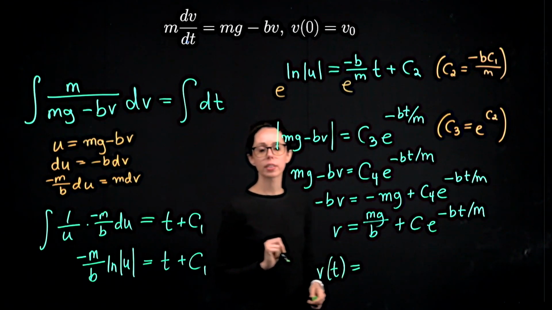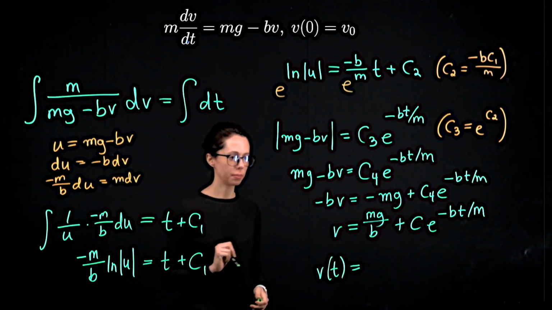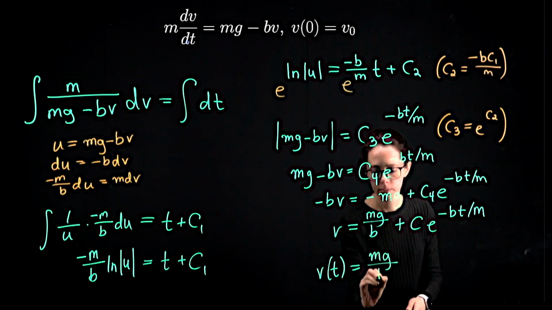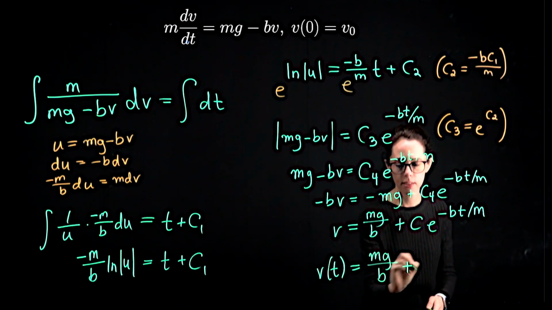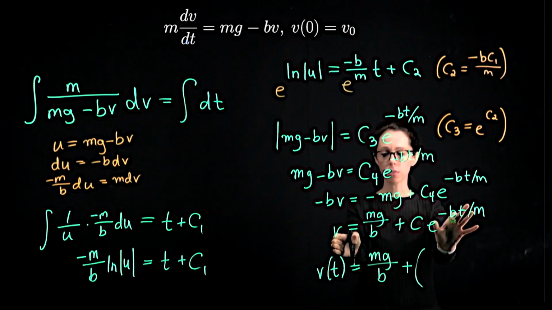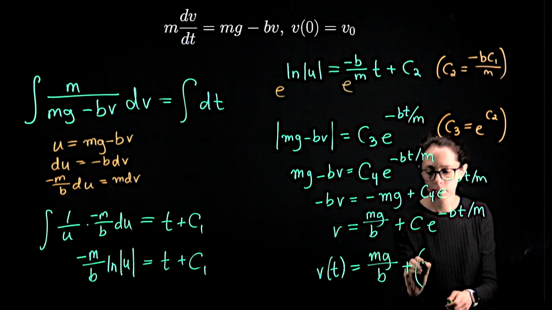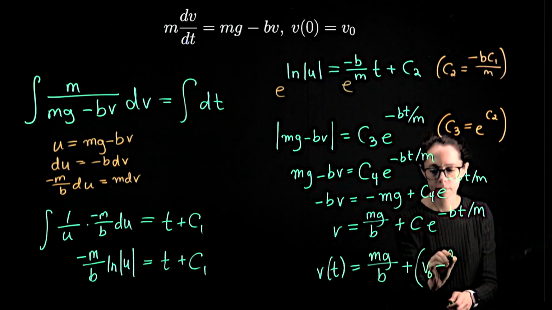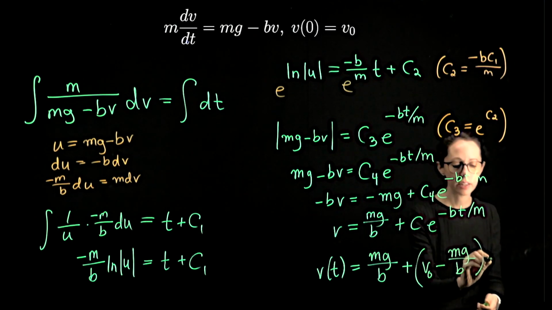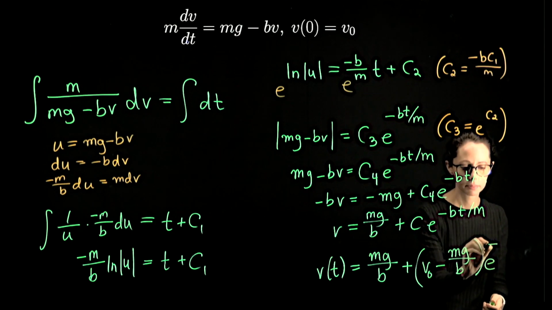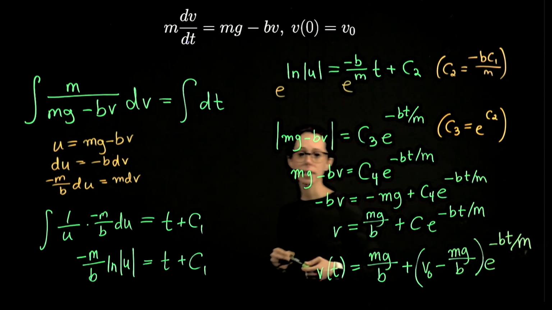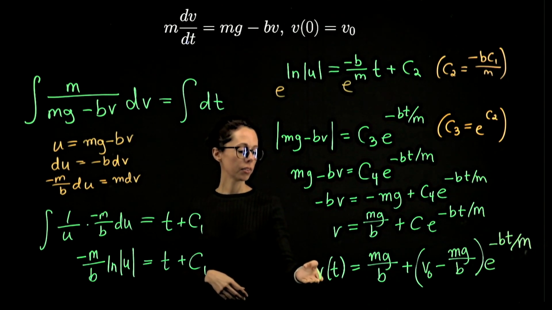So the velocity over time for this free fall motion is going to be mg over b plus, where I had c, I'm going to replace that with the initial velocity minus mg over b, times e to the negative bt over m. So that is an explicit solution for the velocity over time.